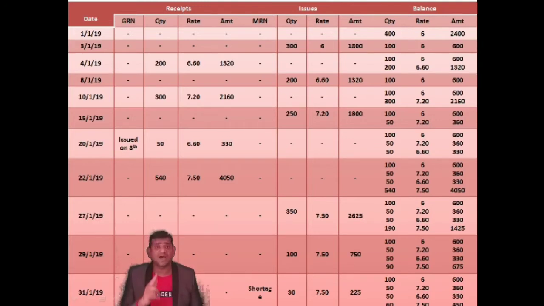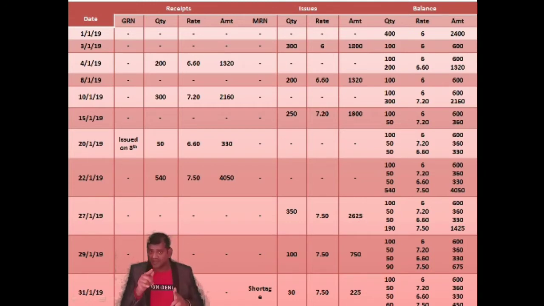Because we are following LIFO basis, last in first out. So in the previous date, the bottom item in the balance column should be issued first.